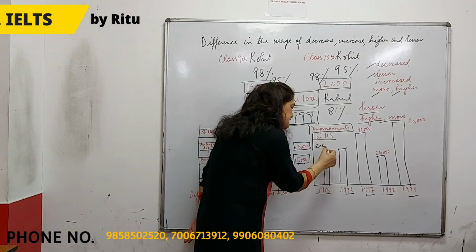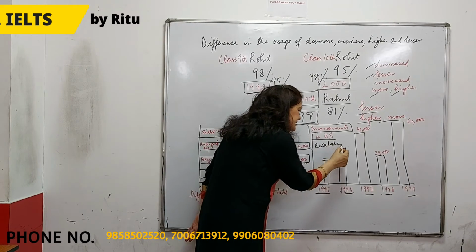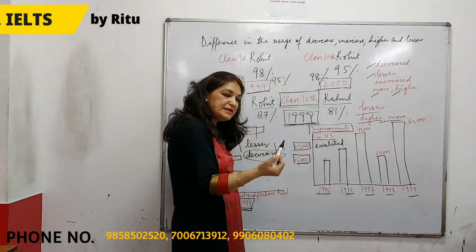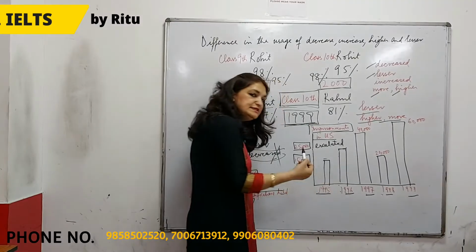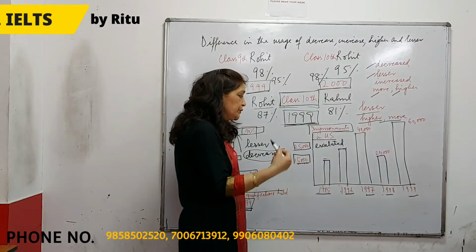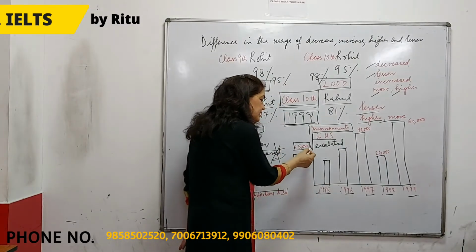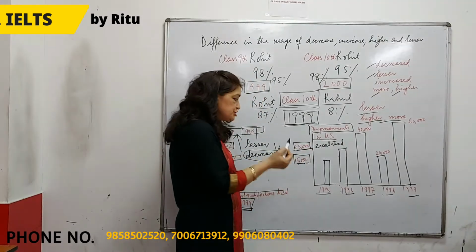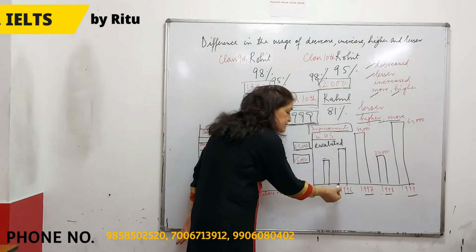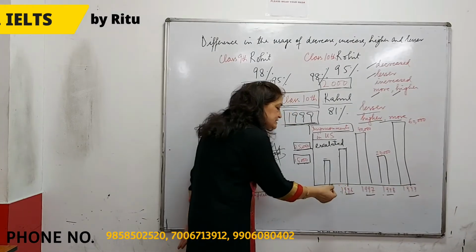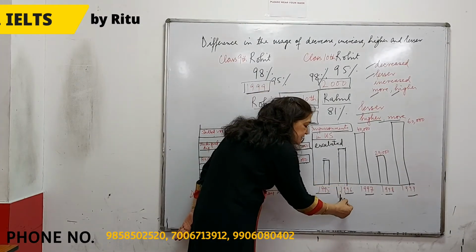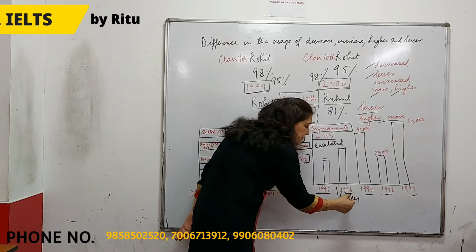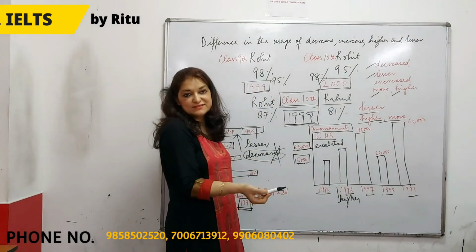I'll write this word here, which escalated. I can even use increased in the succeeding year, in the following year, reaching or rising to 25,000, showing that the imprisonments in the year 1996 were higher in comparison to the last year.